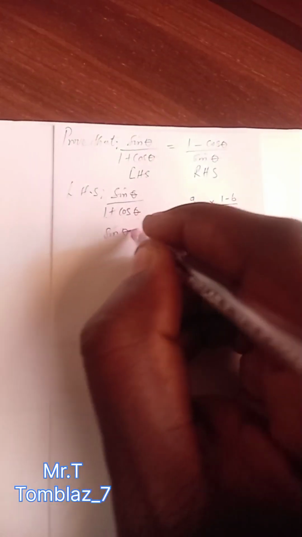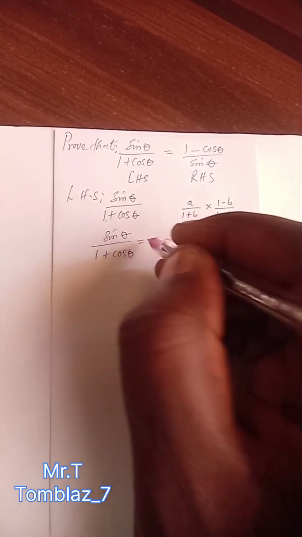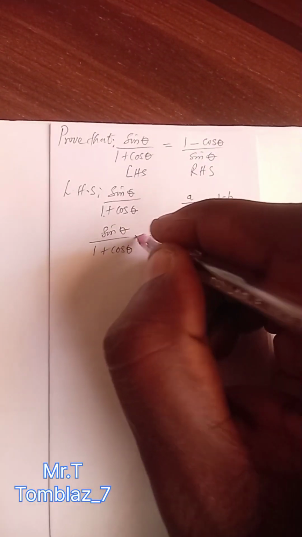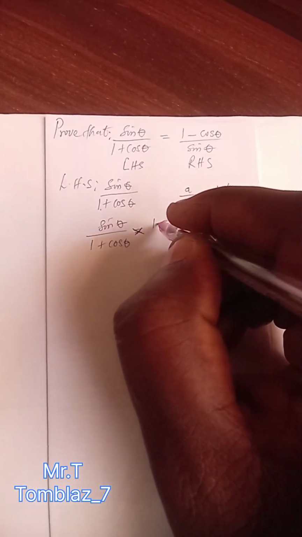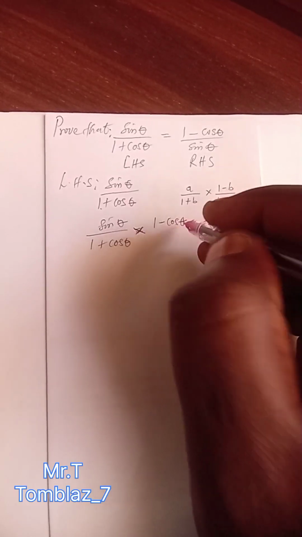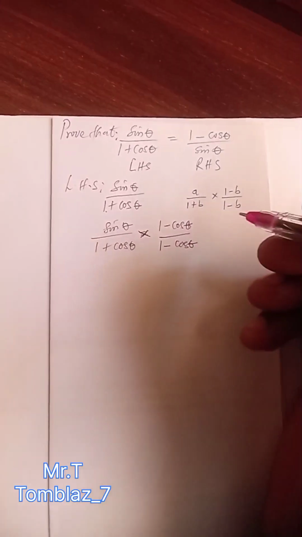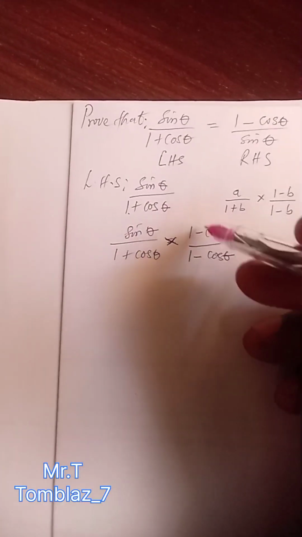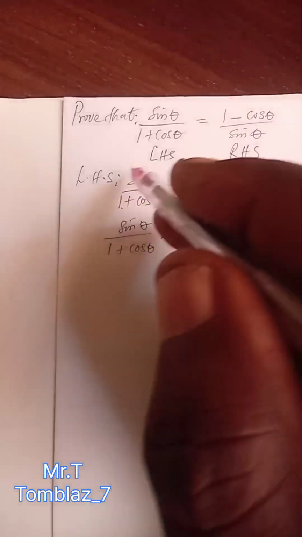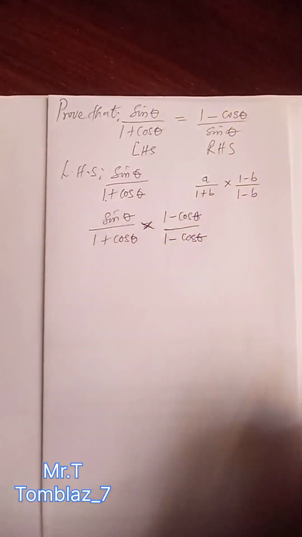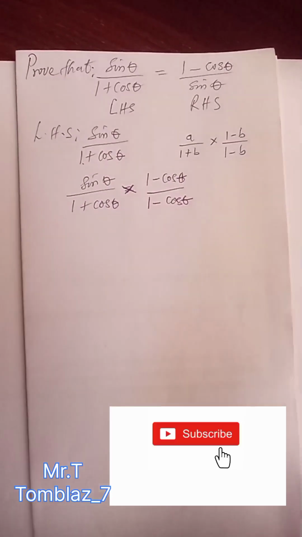So sine theta over 1 plus cos theta can be multiplied by 1 minus cos theta divided by 1 minus cos theta. So since both of them are equal, you can cancel it to be 1. So 1 minus all this, it comes back to this. You've done something mathematical wise, but it's as if you've done nothing, right?